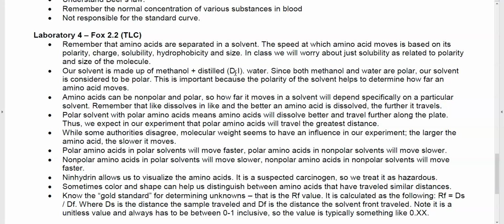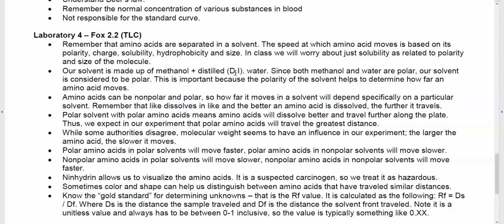We're going to worry about solubility, and how that's related to the polarity, and we're going to worry about the size of the molecule, right? Those are the only two things we have to worry about. So if two amino acids move differentially, it means at least one of those two things is going to be different, all right? Otherwise, if they weren't different, they would move the same.